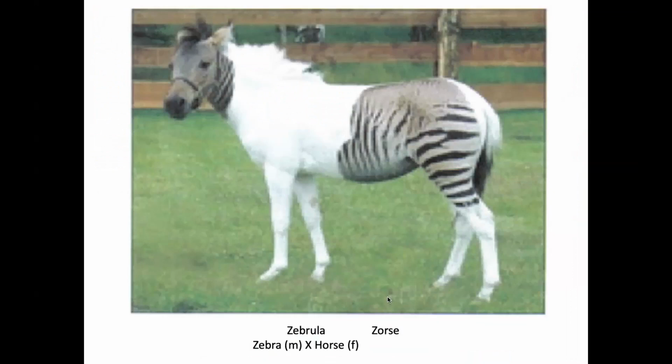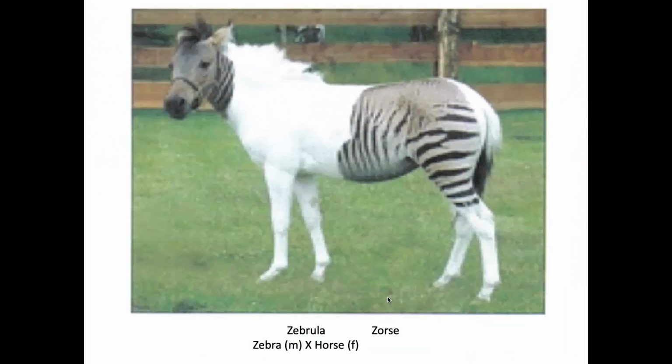Okay, so there's all kinds of examples of these sterile hybrids. Here's another example, a hybrid between a zebra and a horse. And again, you can see clearly, based on the coloration of the fur, that it's clearly a hybrid, where it looks like part horse, part zebra.